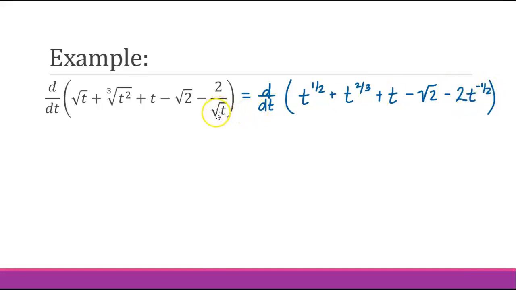So when I bring that radical to the numerator, there was a 1/2 as its exponent. When it moves to the top, it becomes a negative exponent. So now I have variables in the base, numbers in the exponent, and I can go ahead and take the derivative. So now I'm going to drop the operator because I'm actually taking the derivative of each piece.